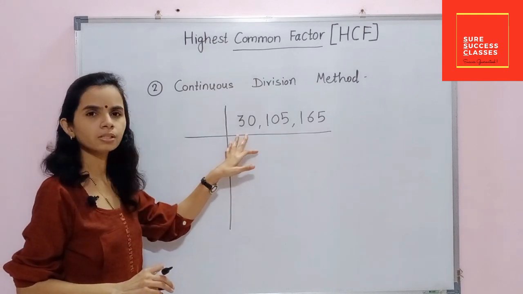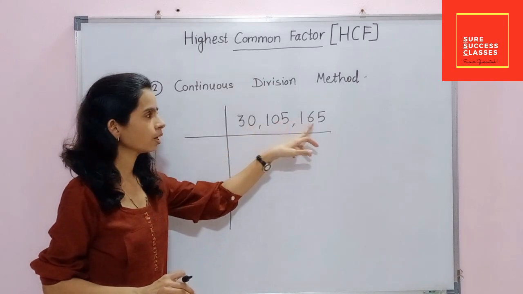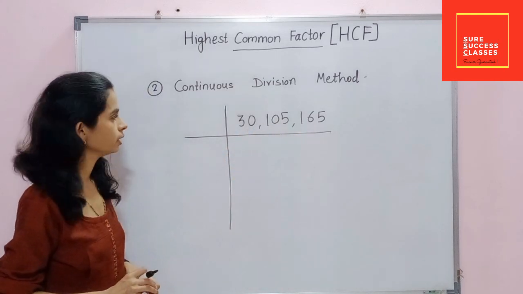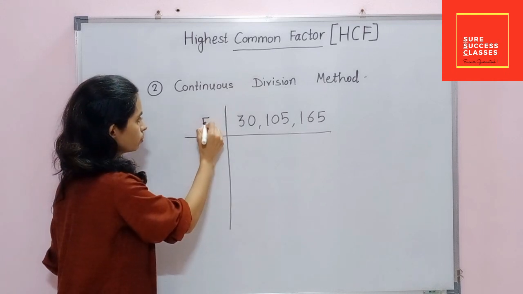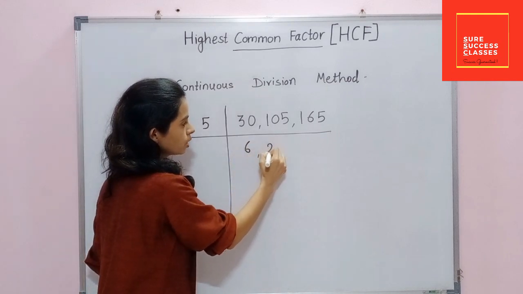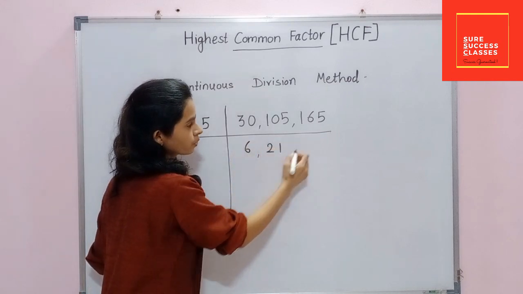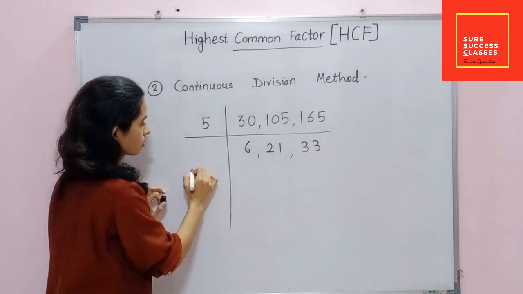Students, observe these numbers carefully. At the ones place there is 0 and 5, so it will be divisible by number 5. 5 6s are 30, 5 2s are 10, 5 1s are 5, 5 3s are 15, 5 3s are 15.